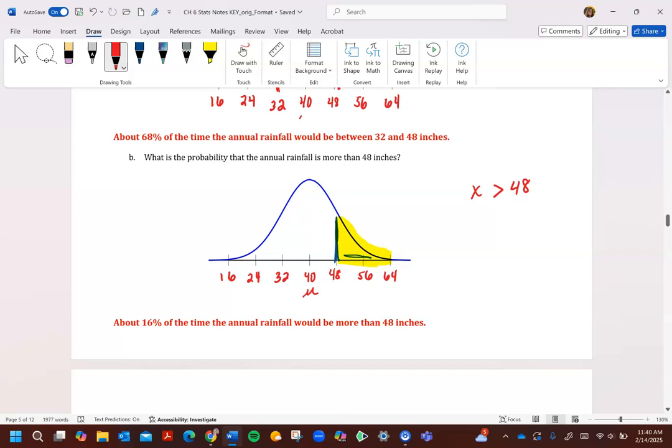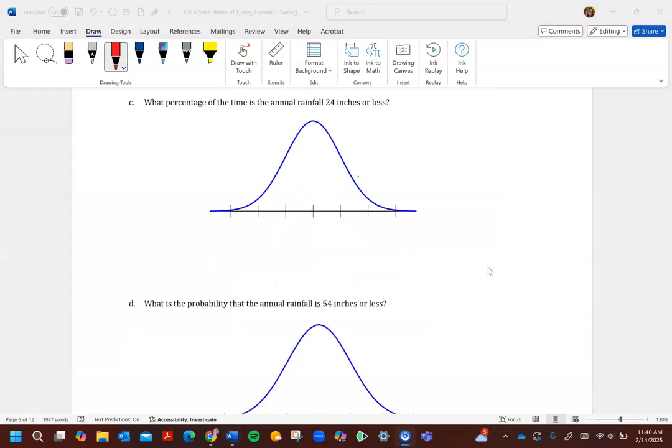So now there's a couple more problems that we could go through. Try this one on your own. What percentage of the time is the annual rainfall 24 inches or less? So remember, you're going to start with your mean and then add 8 for each standard deviation. And then you're going to subtract to get the left side.